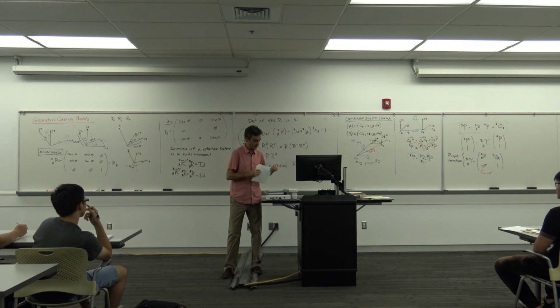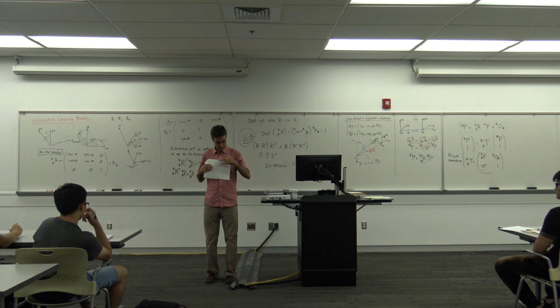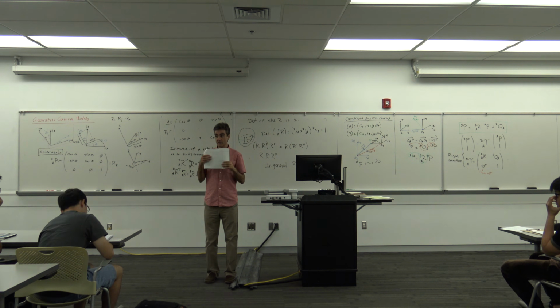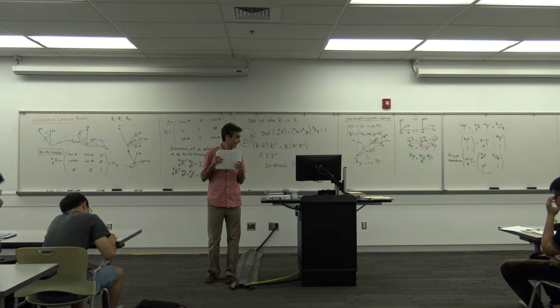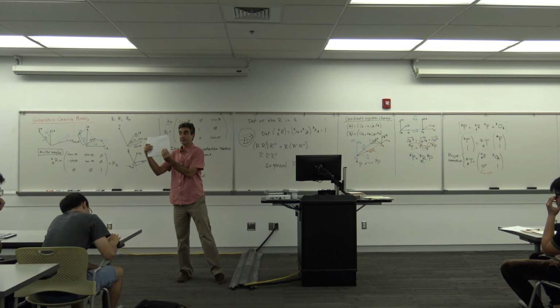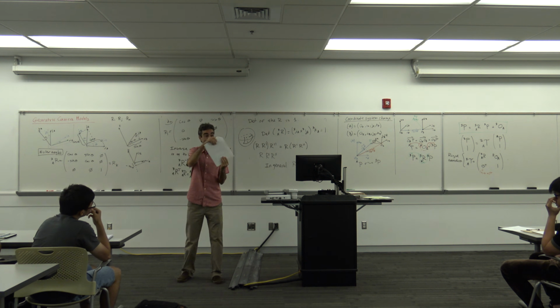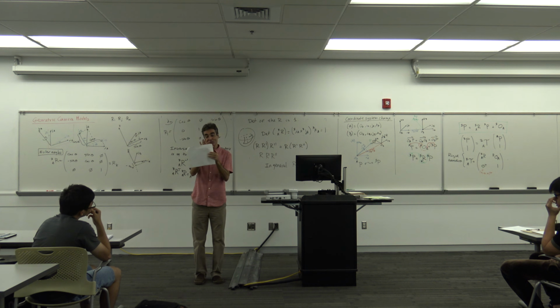So here, you see this line here and that line, they're at 90 degrees, right? If I translate this, it's still 90 degrees. If I rotate this, even in 3D, it's still 90 degrees, right?